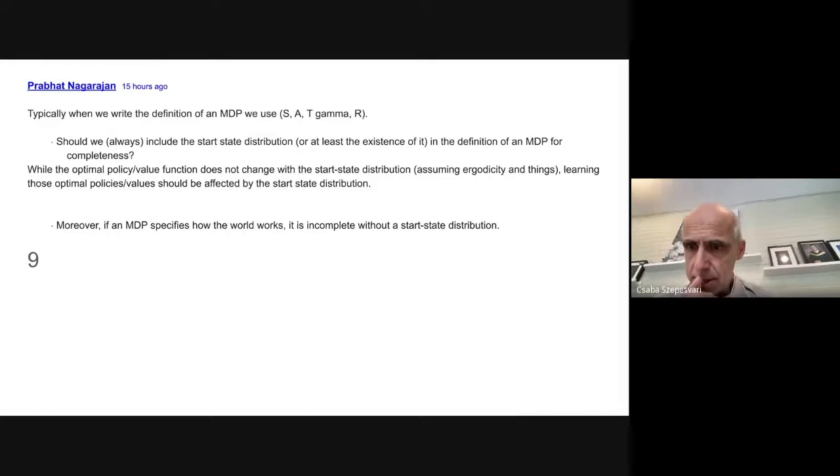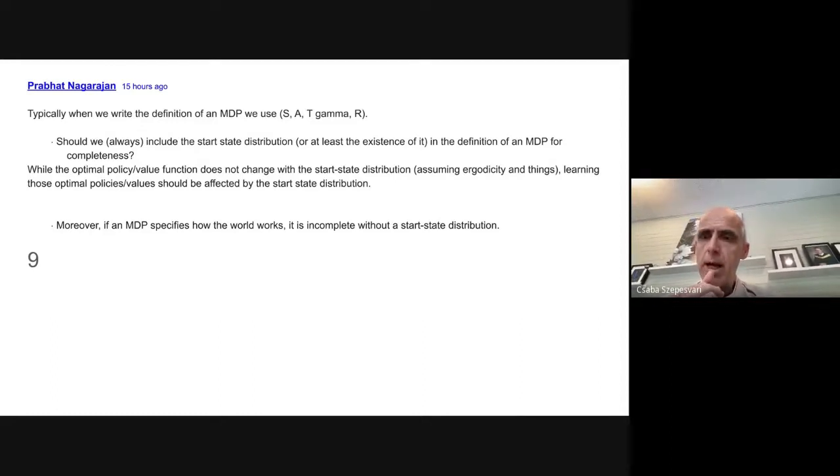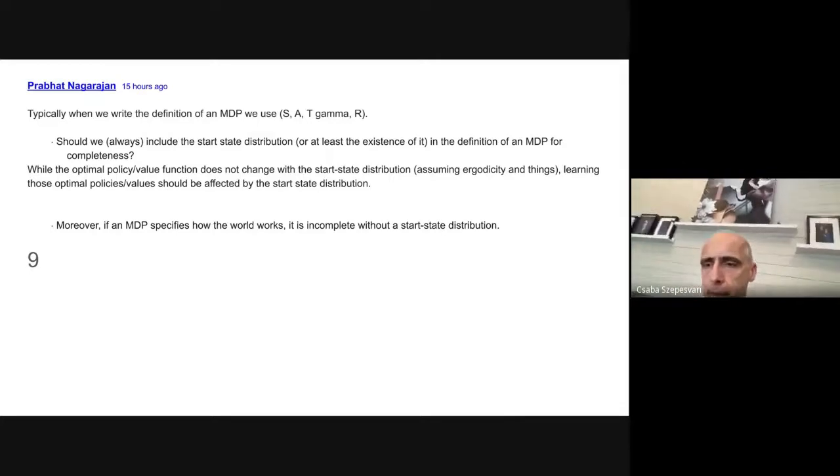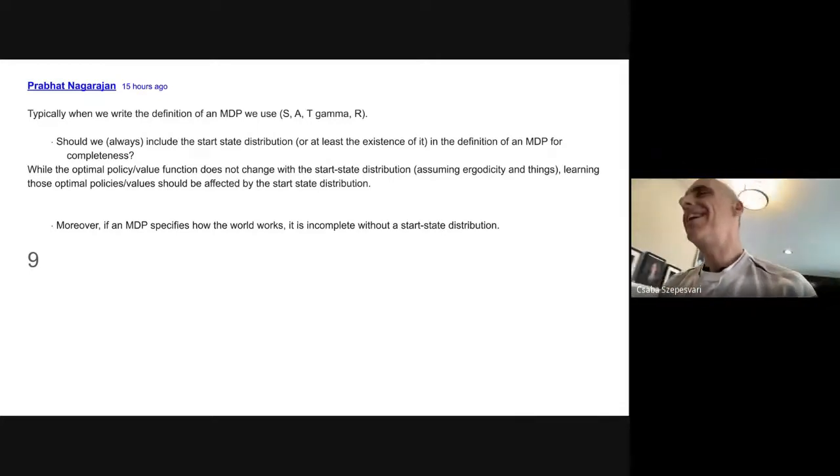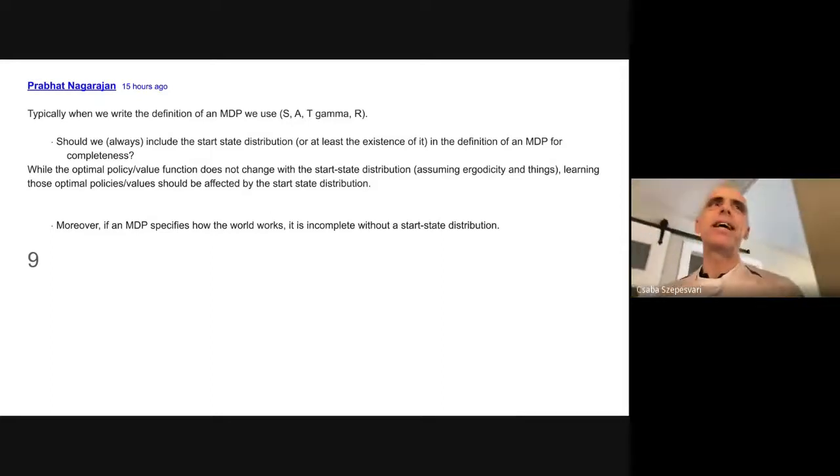If we treat an episodic problem like a continuous problem, then does it make more sense to have a start state definition in MDPs? For episodic problems, I think it's independent.